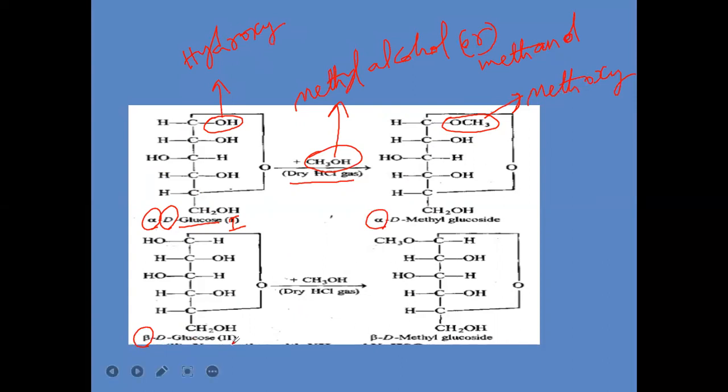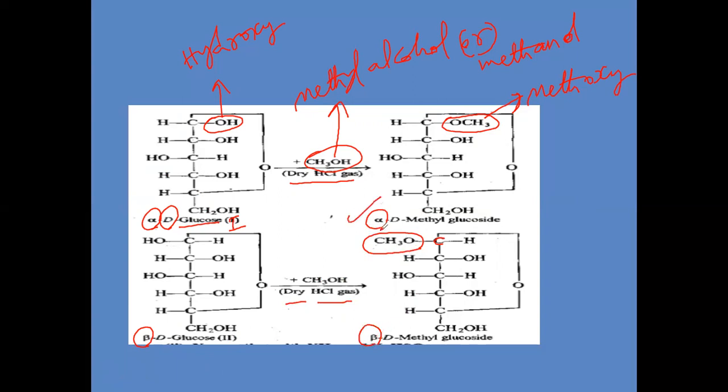Next. Suppose you take beta D glucose, the second structure, and again we react with CH3OH, methyl alcohol, in the presence of dry HCl gas. Now check what happens here. In this case, the methoxy group is on the left side of this carbon. On the left side the methoxy group is there, so that's why it is given beta form.